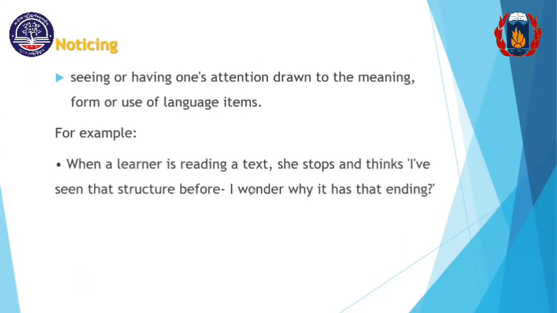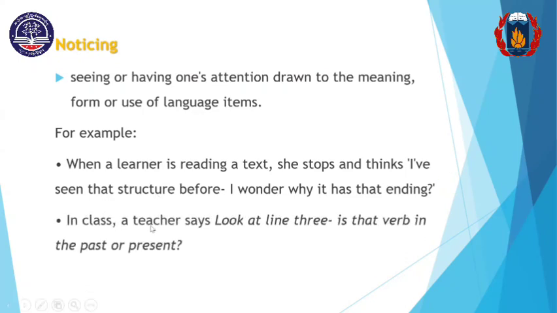So here is an example. When the learner is reading a text, she stops and thinks, I have seen that structure before. I wonder why it has that ending. So in noticing the text, the teacher needs to give a context that really attracts the student's attention.